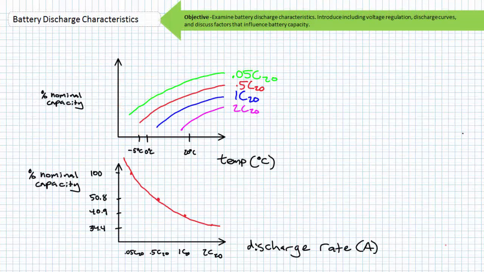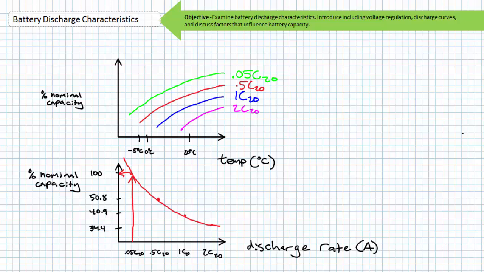Closing out this discussion on battery discharge characteristics, one might also see manufacturer datasheets that incorporate graphs illustrating percent capacity at various discharge rates separately or in combination with temperature effects. The graph on the bottom is meant to illustrate what happens when a battery is discharged at the 0.05 C20 rate.